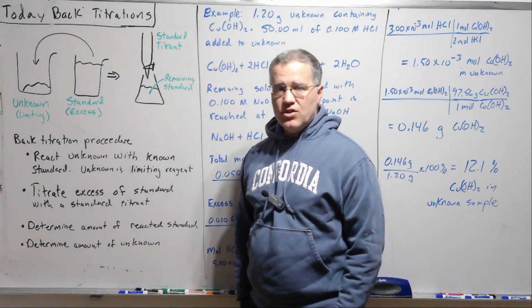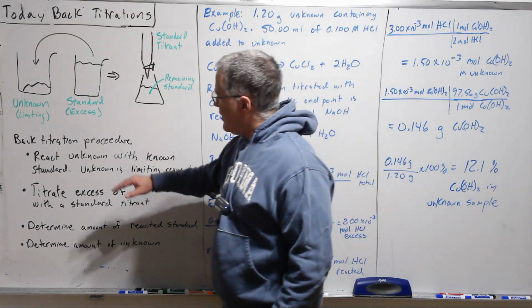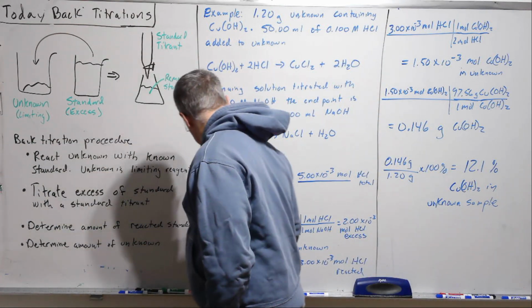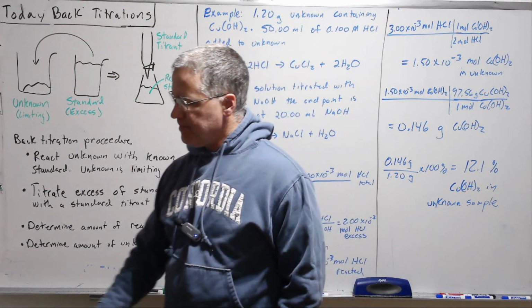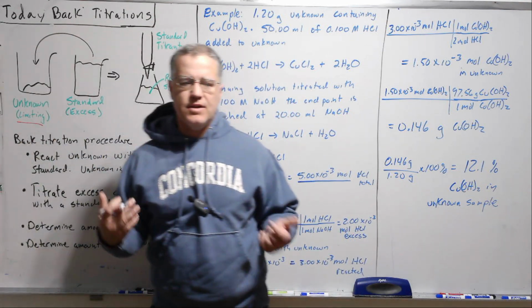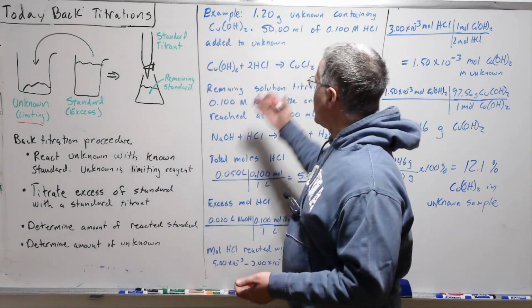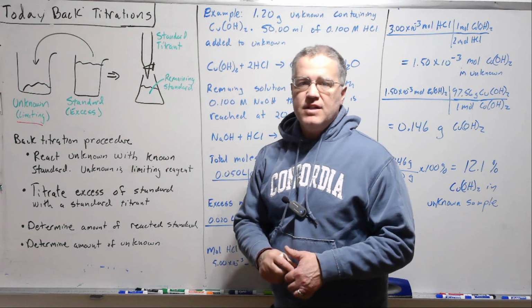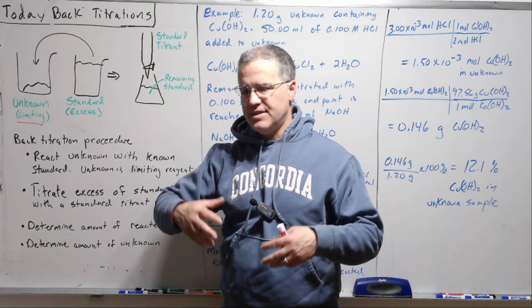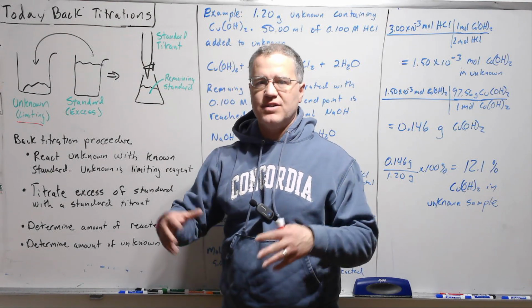Well, one technique is called the back titration, and what's done here is that, let's say we have some unknown sample that contains a certain amount of material, but we don't know how much. So maybe a piece of brass and it has a certain amount of copper, or as we're going to do in this example, some copper hydroxide mixed in a sample of a little bit of sand and salt and whatever.